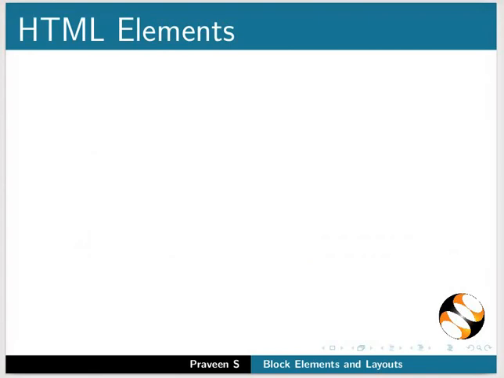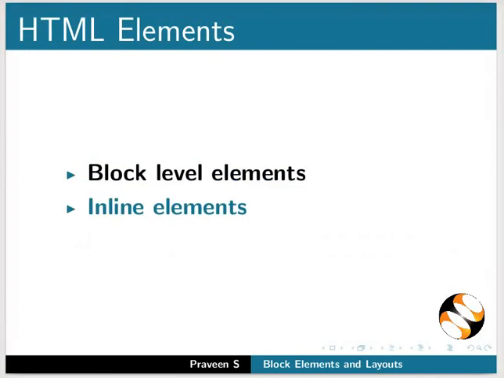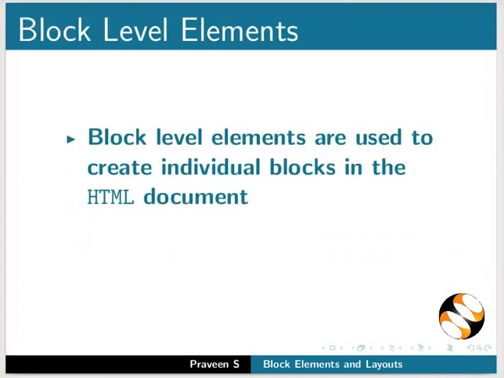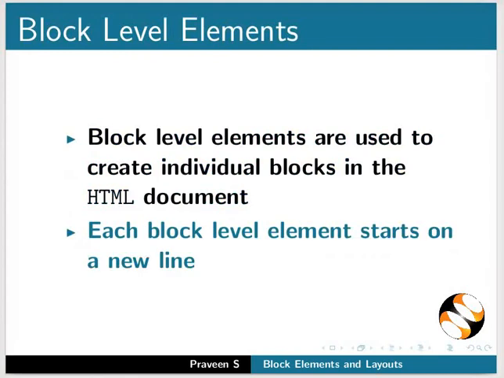Elements in HTML are classified into two types: block level elements and inline elements. Block level elements are used to create individual blocks in the HTML document. Each block level element starts on a new line.